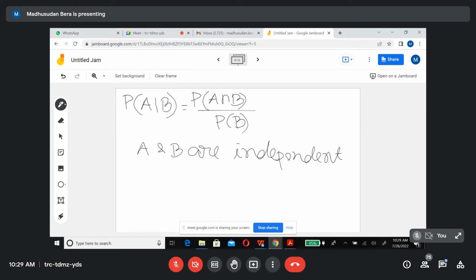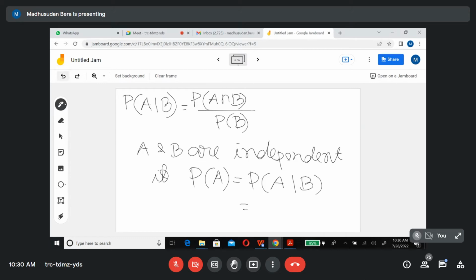So if the probability of A and the probability of A given B are the same, then it is independent. So what is P of A given B? P of A given B is P of A intersection B by P of B. That is, P of A intersection B equal to PA into PB. That is the condition for independence.